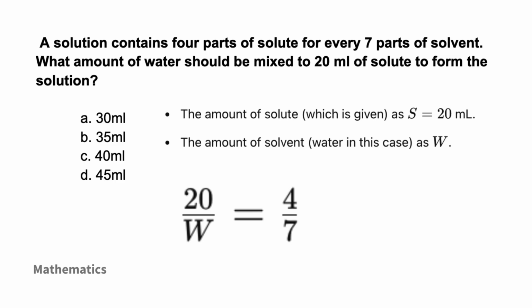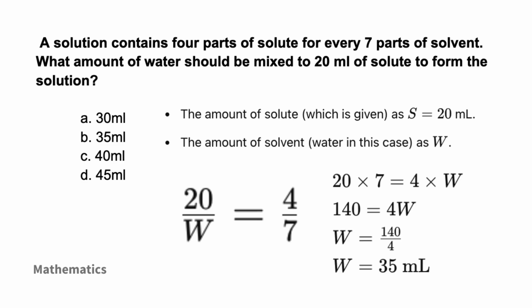And what we want to do next is cross multiply to solve for W, where we can see that we will take 20 times 7 equals 4 times W. This gives us 140 equals 4W, and then we can divide this out. 140 divided by 4 is 35, so our answer is 35 milliliters.